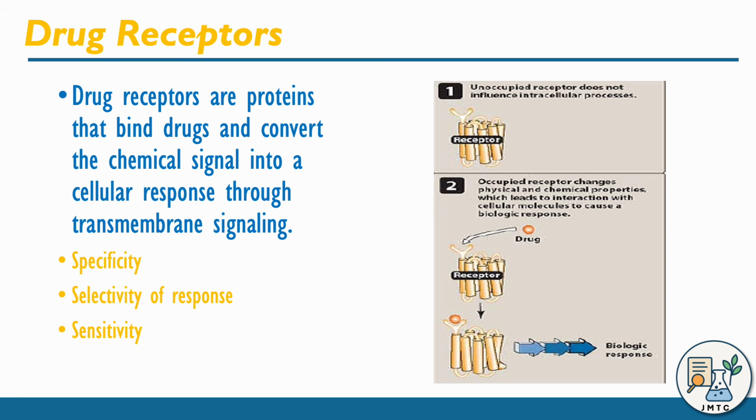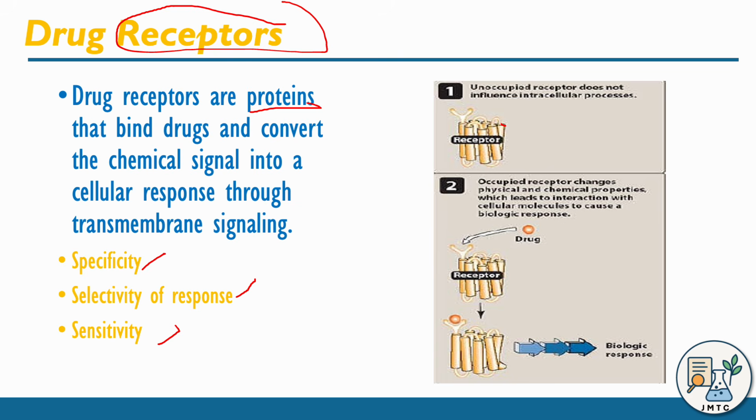We first talk about drug receptors. So we said receptors are proteins that bind drugs and convert a chemical signal into a cellular response through transmembrane signaling. Key characteristics of receptors, dapat specific, dapat selective yung response, and dapat sensitive.